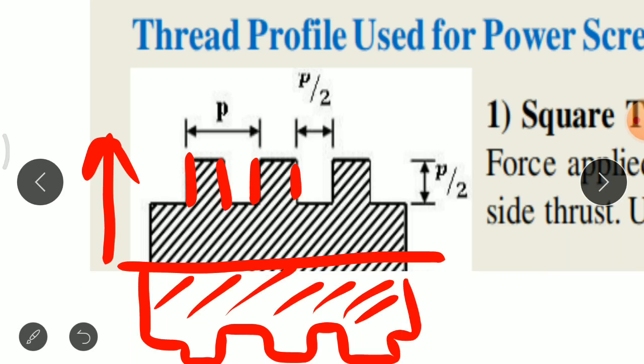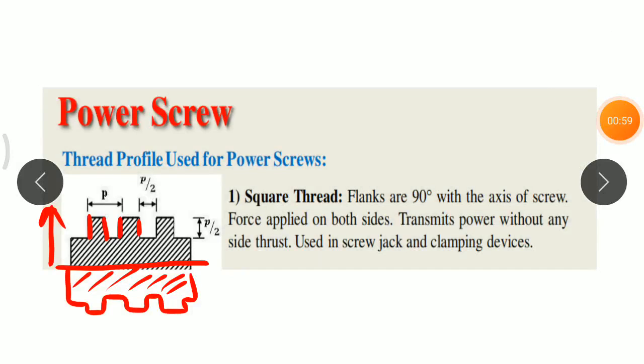Now we will see its definition and advantages. Square thread: the flanks are at 90 degrees with the axis of the screw, that is the axis of the thread. Force is applied on both sides. Transmits power without any side thrust. Used in screw jacks and clamping devices.